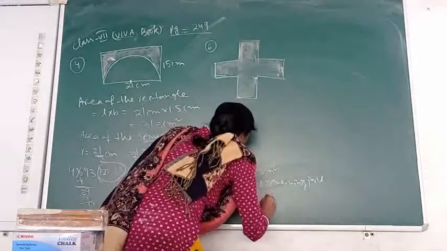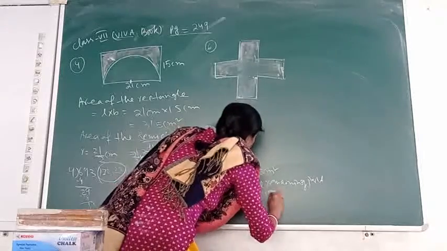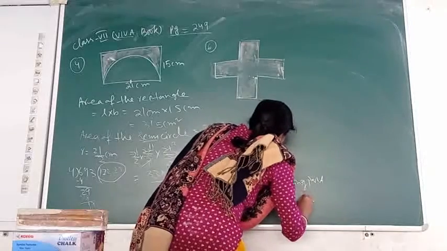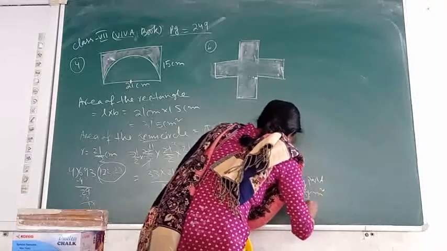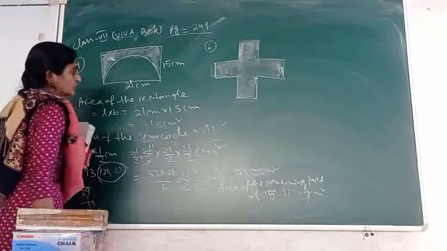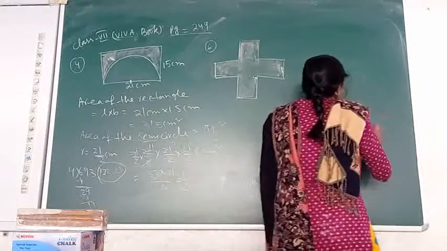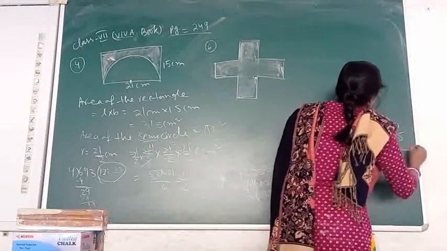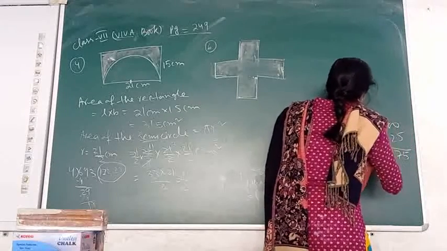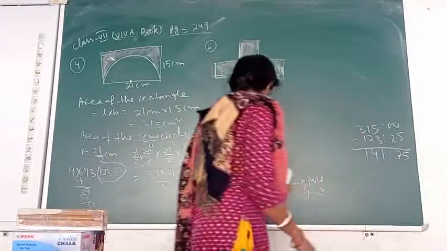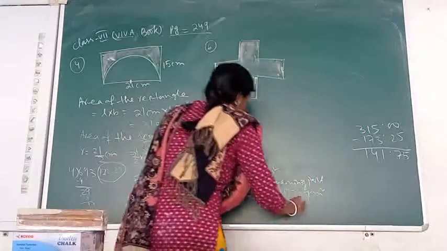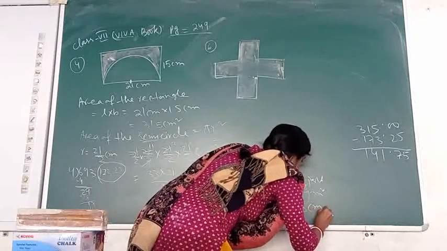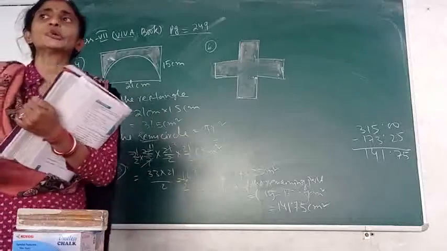First, the area of the rectangle I have 315 centimeter square minus 173.25 centimeter square. Let's subtract these two. For the rough work, you can do it here. 315 and here 173.25. Let's subtract. Yes, here it is coming 141. So your answer will be 141.75 centimeter square. I hope you are clear about this one.